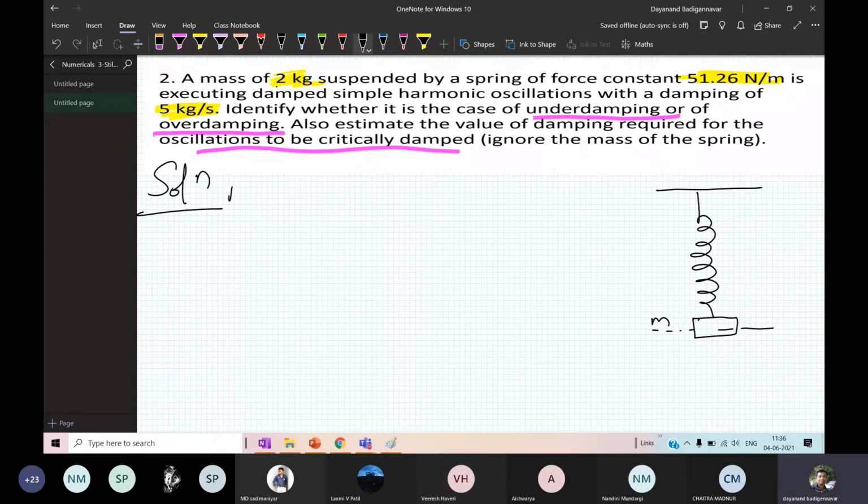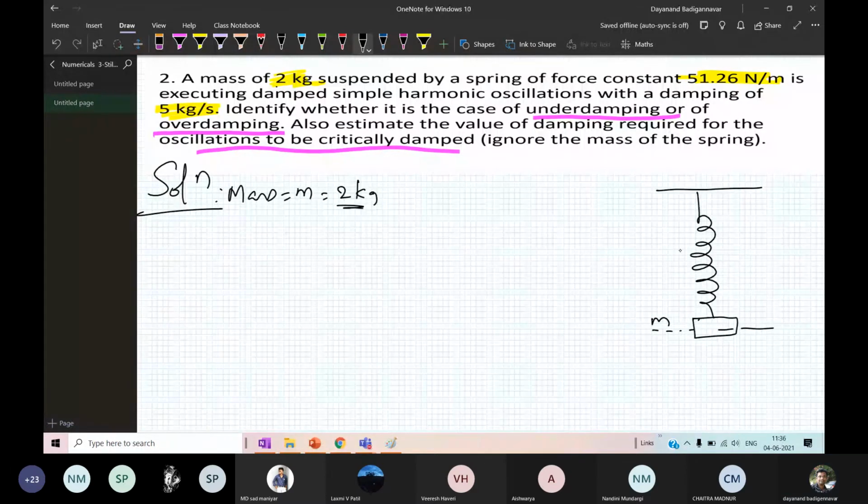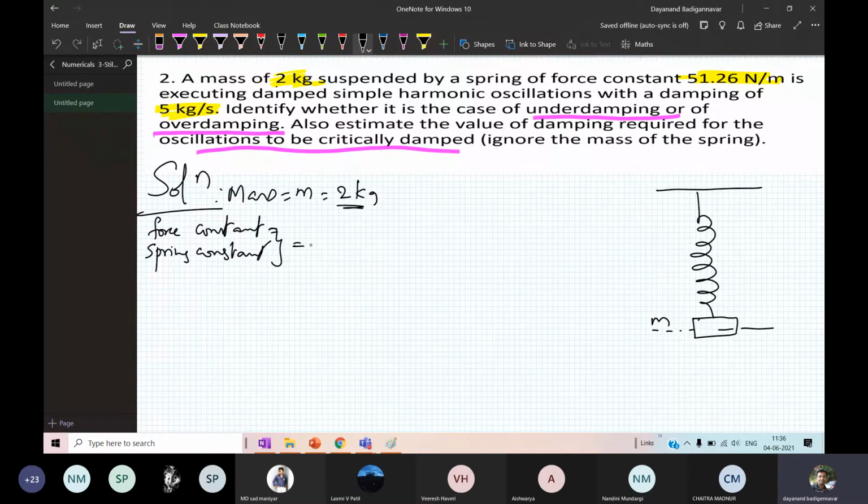Already it is in kg, no need to convert. And the spring constant K, or the force constant, spring constant K is equal to 51.26 Newton per meter. This is also in standard unit.